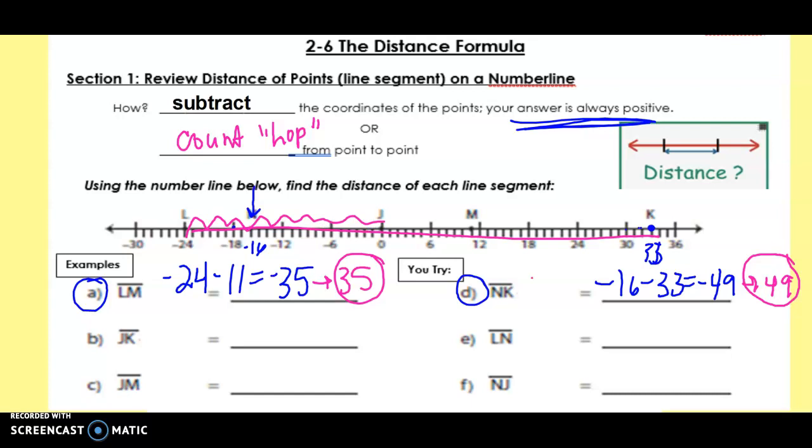However, there are ones that maybe are closer together, or you find you're a little bit more successful with the hop method. Or let's say you just forget about the subtraction. You're like, oh, I can't remember if you subtract or add, but you know that counting is always an option. So again, just showing you some different methods. So let's take a look at LN. This is example E here. From L to N, these points are pretty close. I think I could definitely just hop and find my answer.